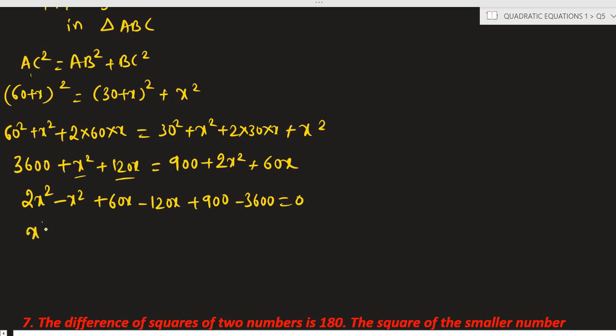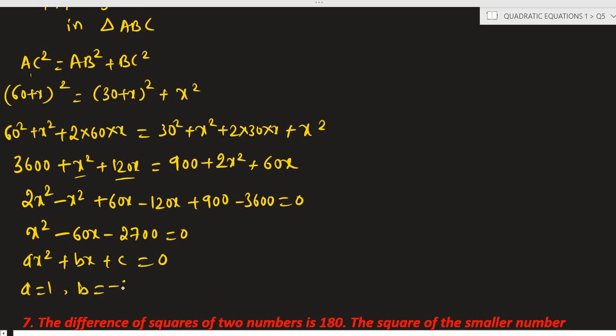How much is it? x square minus 60x minus 2700 is equal to 0. You compare this equation with ax square plus bx plus c is equal to 0. a is equal to 1, b is equal to minus 60, c is equal to minus 2700.